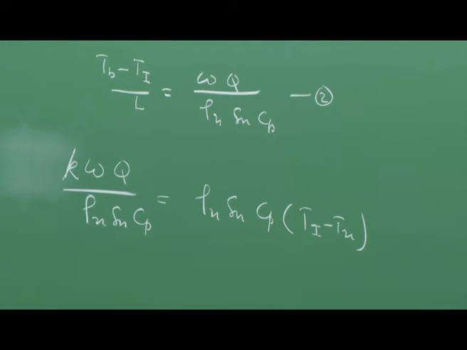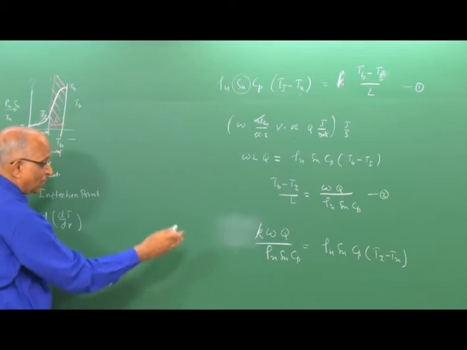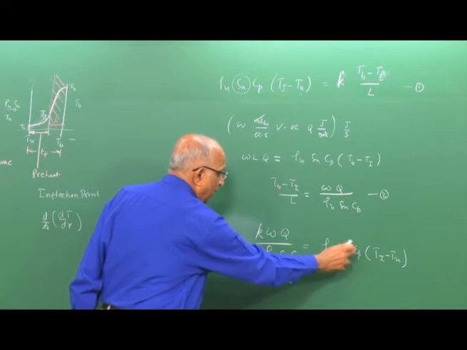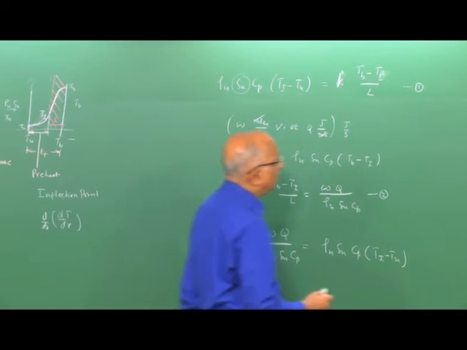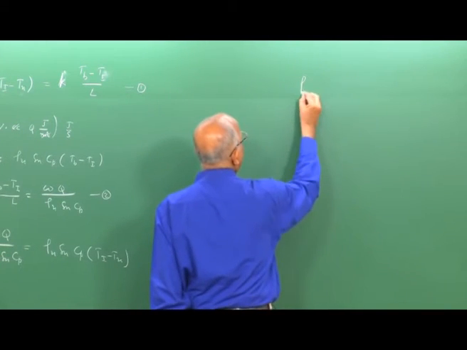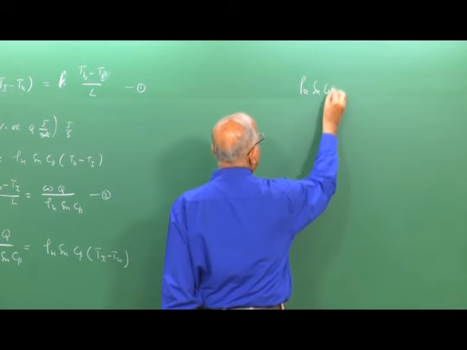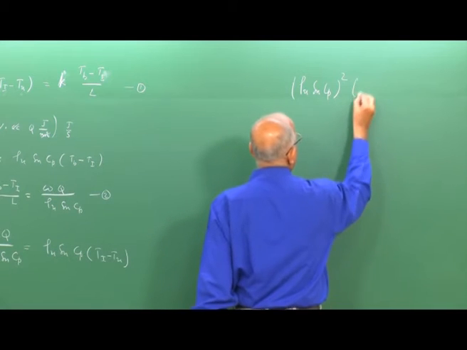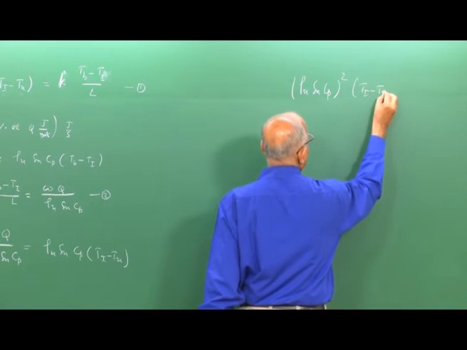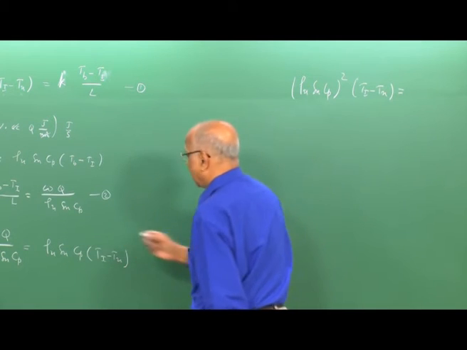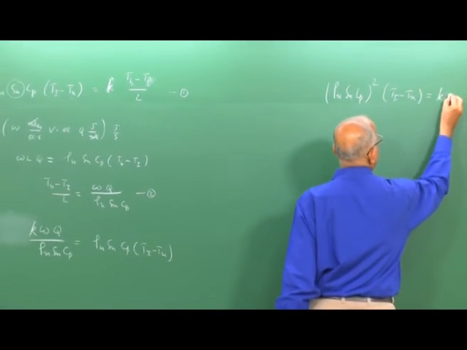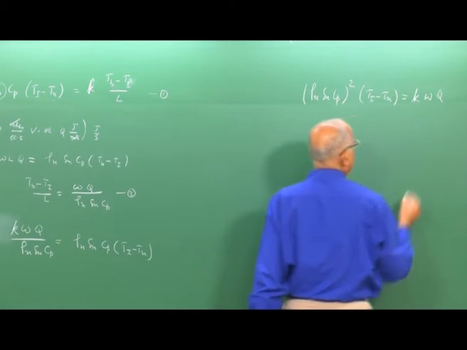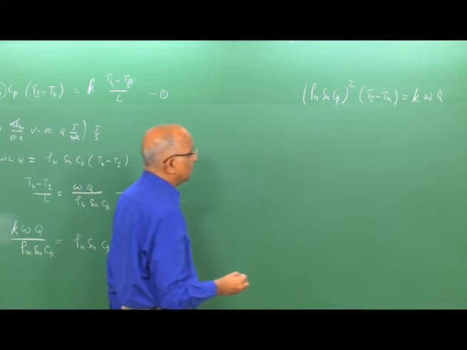Well, now I am interested in finding the value of SU. I solve this, and what do I get? I get rho u SU Cp square into Ti minus Tu. Let us put that down. I get rho u into SU into Cp square, I move the denominator to this side, into Ti minus Tu, is equal to K, the thermal conductivity, into the rate of the reactions in moles per cc second, into the energy generated in the reactions in joules per mole.